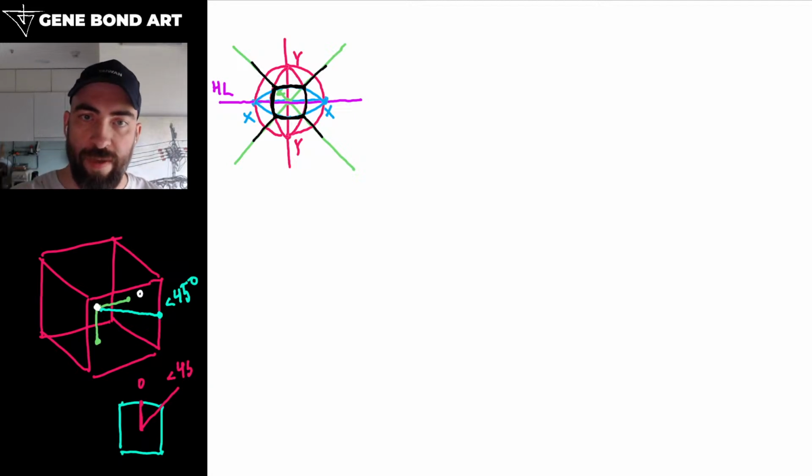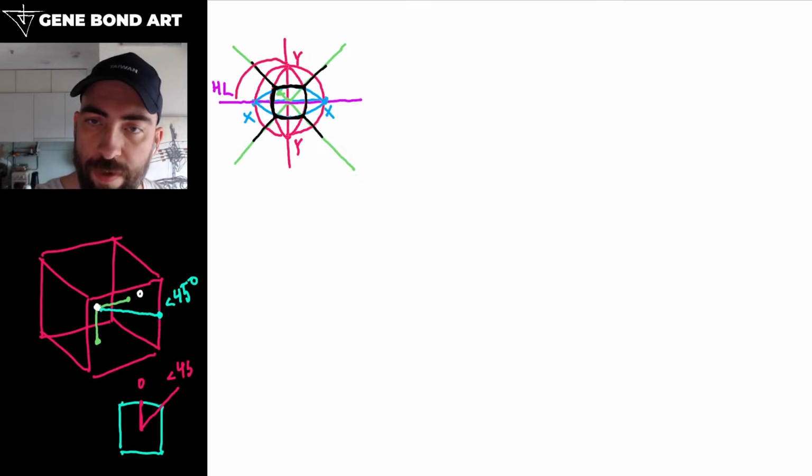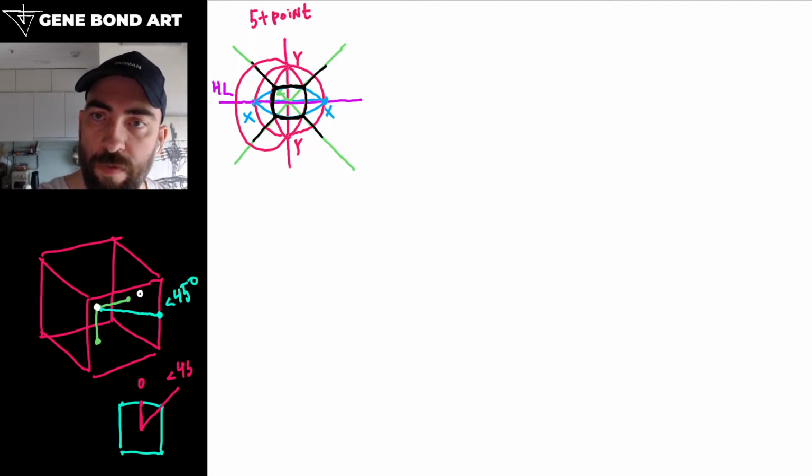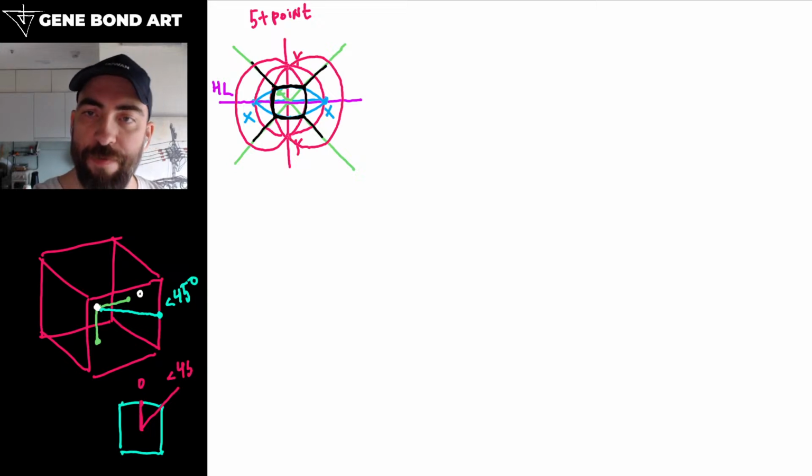So this is a case when we are looking straight, like we don't rotate the camera down or up, so we have a flat horizon line. And let's also look at 5 plus point perspective, right? So in this 5 plus point perspective, we have each axis going out from this circle.